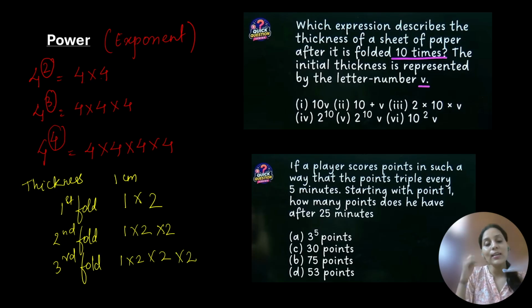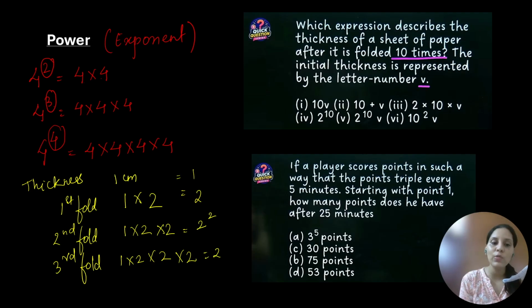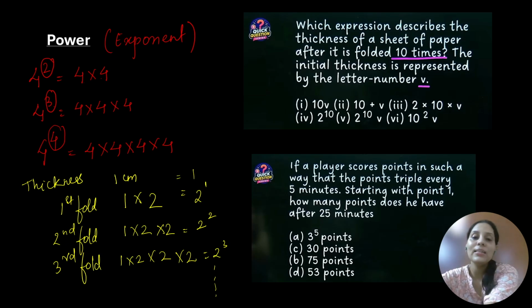So what are we seeing? The thickness is getting doubled. The power of 2 is increasing. So this is the thickness, and first fold it is 2, second fold 2 square, third fold 2 cube, and so on. Every time it is becoming double.